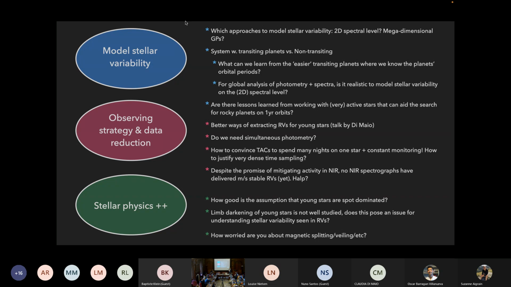But one possible argument that we could try and make as a community, if we really want to dedicate a significant amount of time to these very young stars, aside from the fact that they're interesting in themselves, is that it's an ideal test bed for the techniques that we need to develop in order to find Earth, etc.